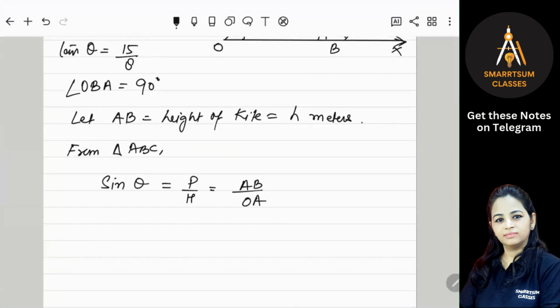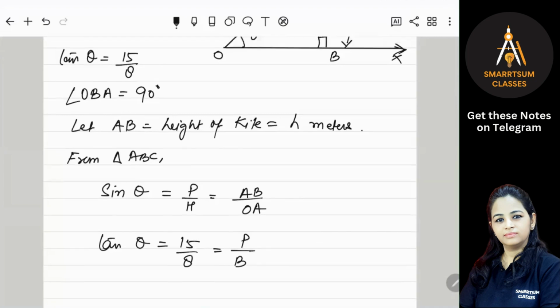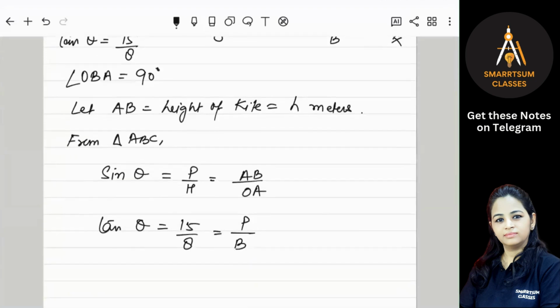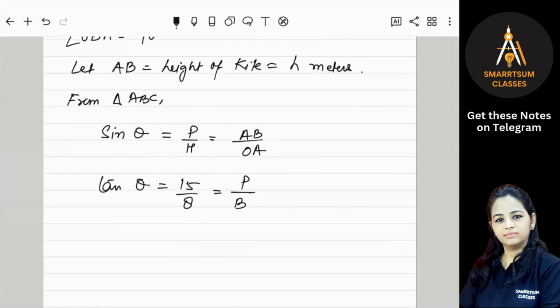Now what is tan theta? Tan theta is already given, 15 upon 8, right? 15 upon 8 means this is the perpendicular and this is the base. Is that clear? So from here, can you say what sine theta will be?